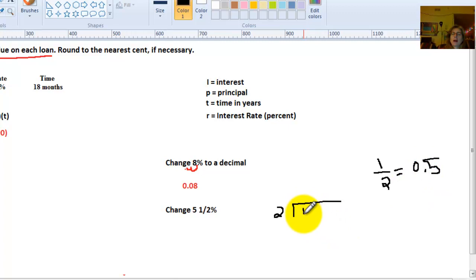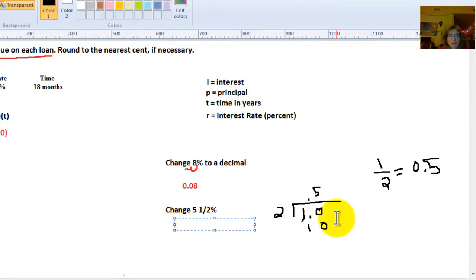But if you want to work it out, 2 into 1 doesn't go, so you add the decimal, add a 0. 2 into 10 is 5. 5 times 2 is 10. So then you do have a decimal of 0.5. So change 5 1/2% to a decimal becomes 5.5. The whole number doesn't go away, but we just add that decimal.